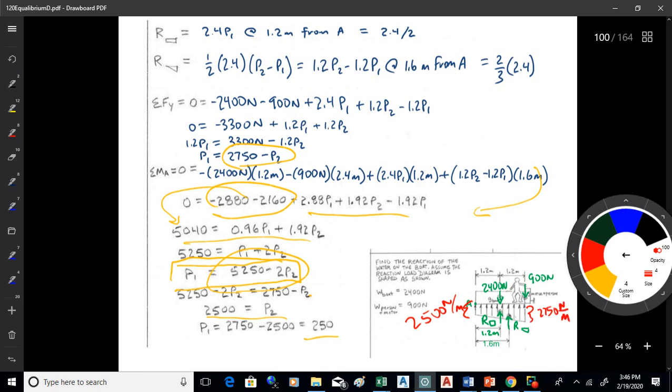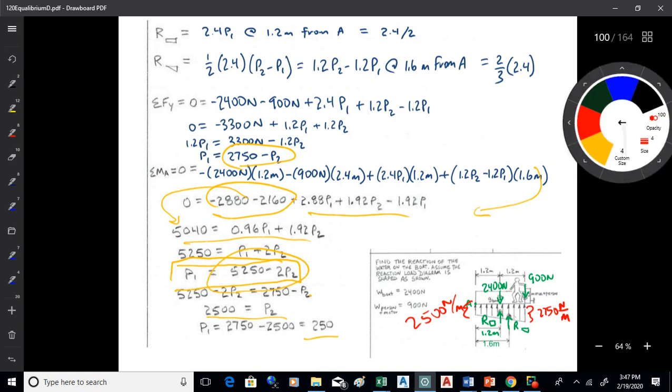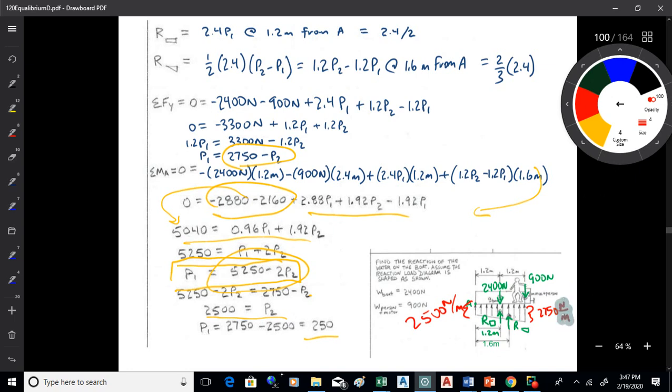So there's the distributed loads: 2,500 on the left, 2,750 on the right. Okay, like so. All right, so we all right with that? Same process, just a little bit more complex inputs.